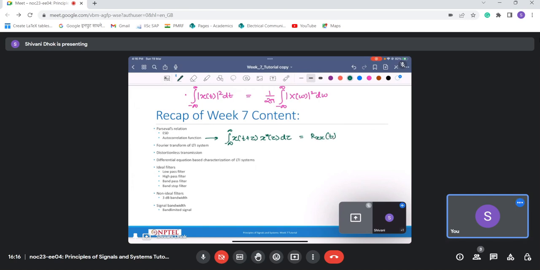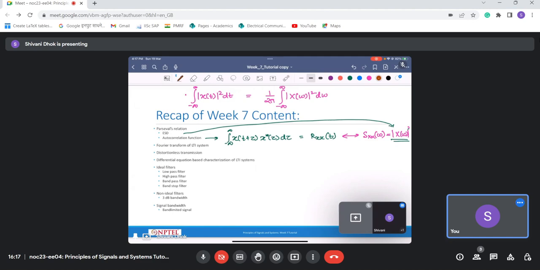This is known as the autocorrelation function, and its Fourier transform is Sxx of omega, which is simply mod X of omega squared, and this is known as the energy spectral density, that is ESD. When I integrate this energy spectral density over the entire range of omega, I'll get the energy of that signal over that particular band.